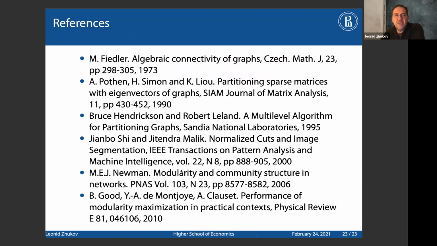And as always, the references, just for curiosity: this is the original Fiedler paper on the Fiedler vector, the second eigenvector, and then it was recovered for partitioning matrices in the 90s. And then there's this famous paper in computer vision that applied it to image segmentation.